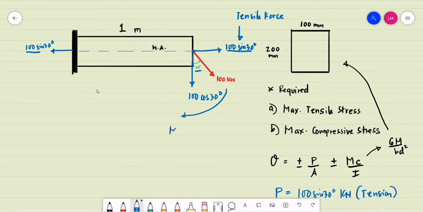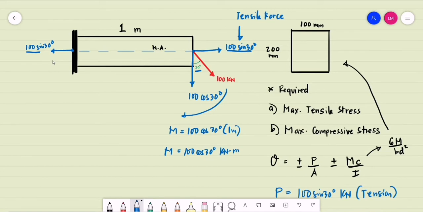What is the magnitude of that moment if we do the summation of moment at the fixed support? It is 100 cosine of 30 degrees times the lever arm, the length of the beam, which is 1 meter. So the magnitude of the moment is 100 cosine of 30 degrees kilonewton meter.